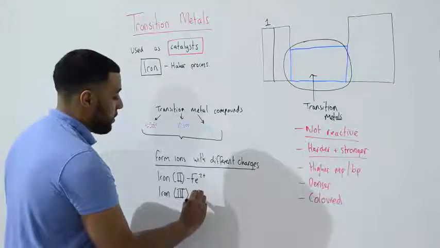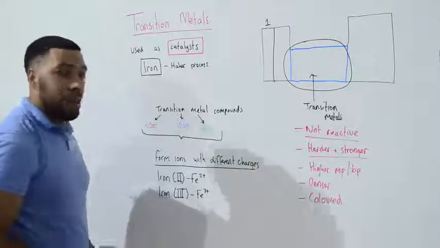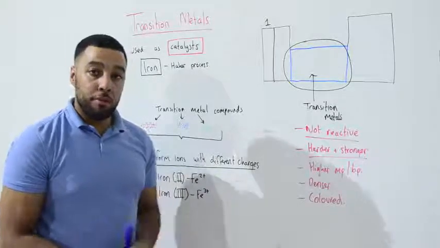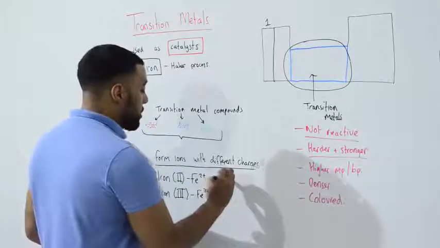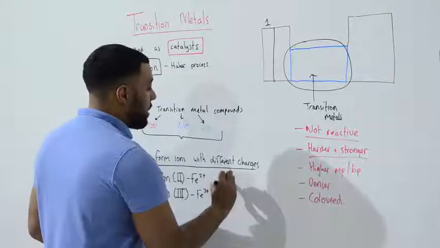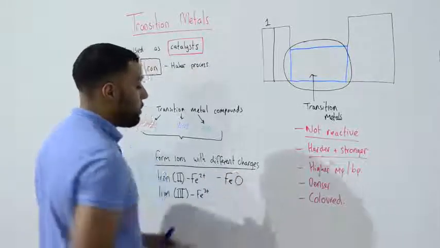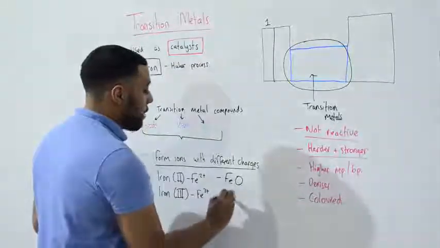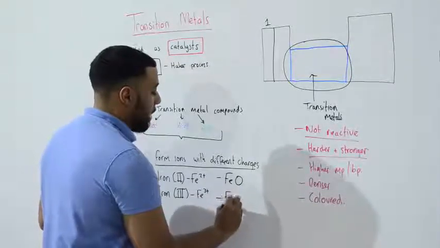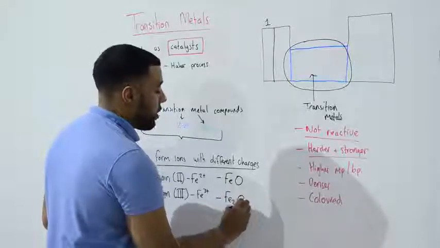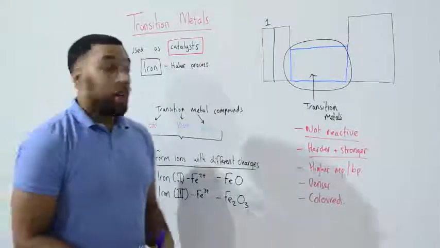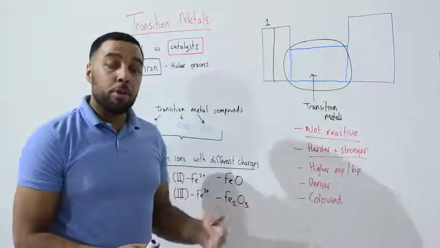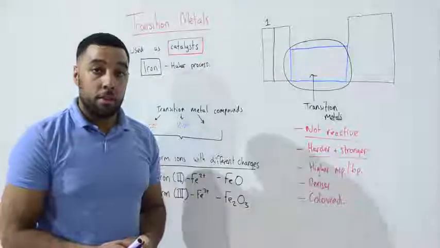This means that iron oxide can come in 2 different forms. Iron oxide can either have the chemical formula FeO, or it could have the chemical formula Fe2O3. For the group 1 metals, we've seen that they only formed a +1 ion.